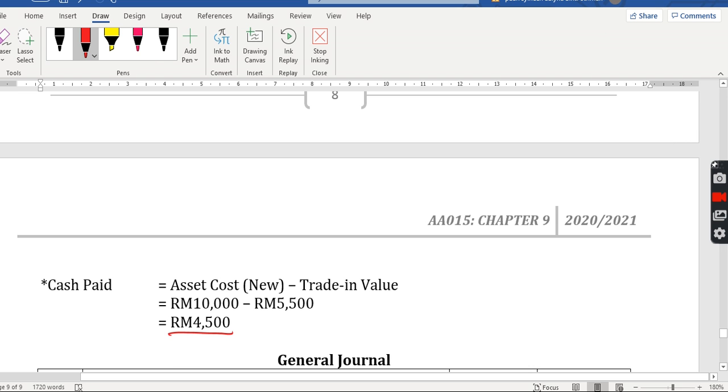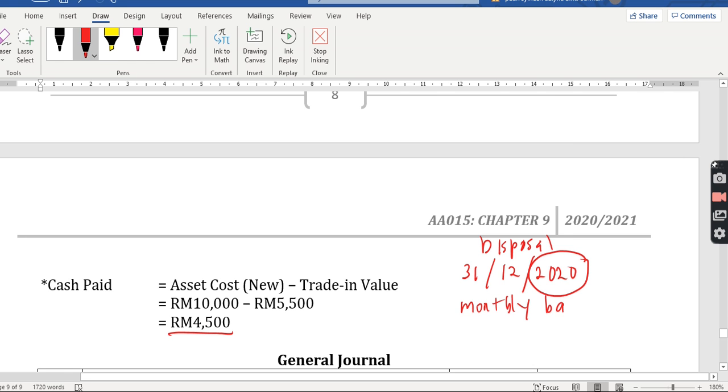Okay, so the disposal date is 31st of December 2020. Ini tarikh disposal, tarikh kita trade in asset. So awak kena ingat for the year 2020, because the question is silent, that means we are using monthly basis.